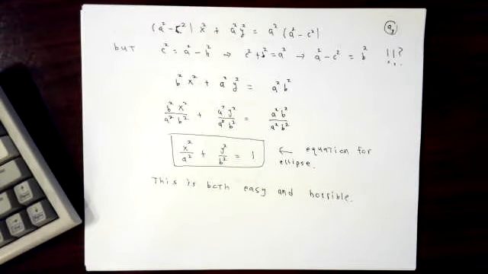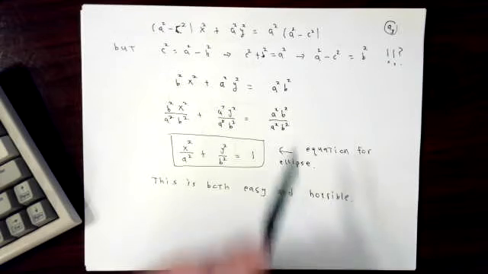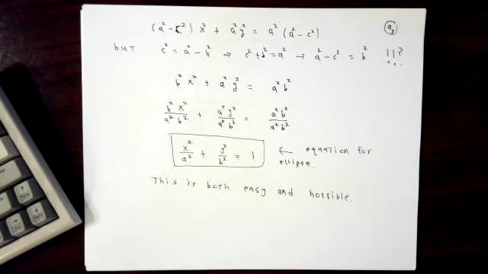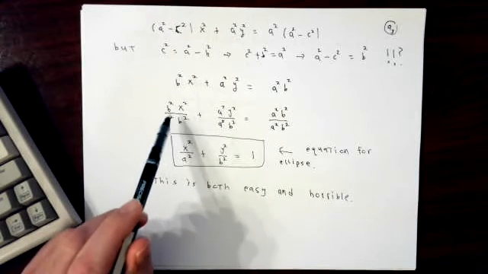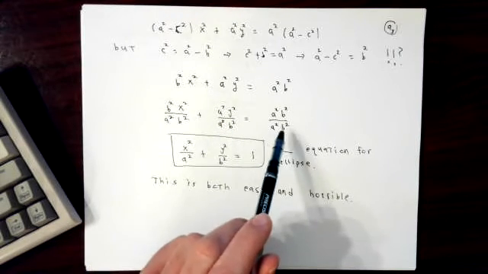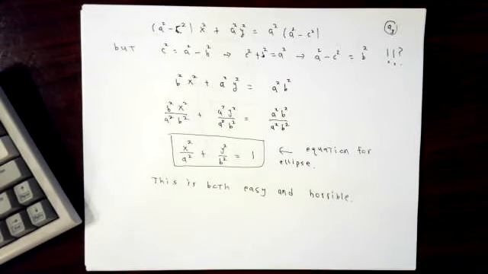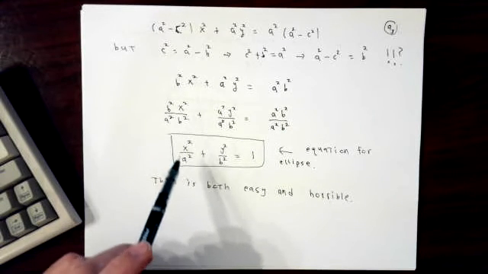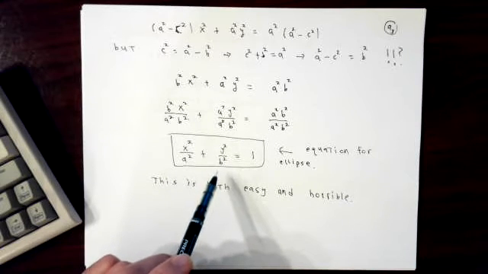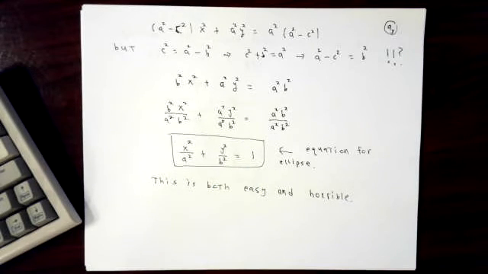The way people usually write this kind of thing is they rig it so that there's a 1 on the right-hand side. To do that, divide both sides by a squared times b squared. In this term, the b squared cancels out. In that term, the a squared cancels out, and that's 1. So the equation for my ellipse is x squared over a squared plus y squared over b squared equals 1.